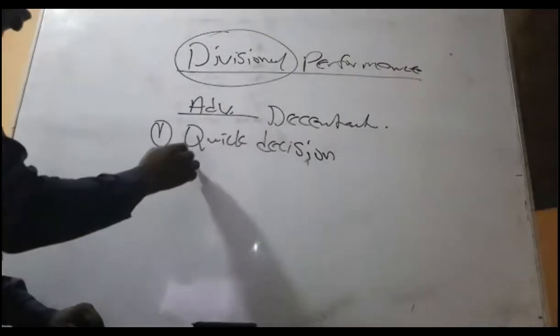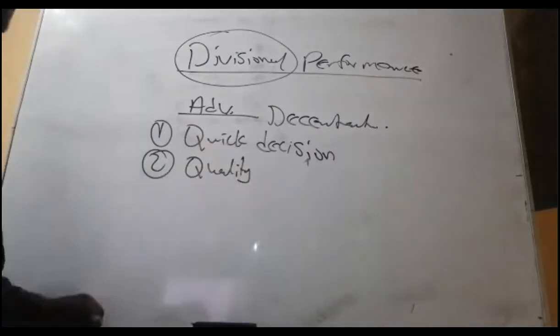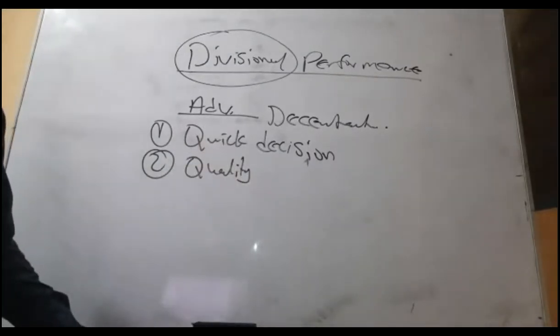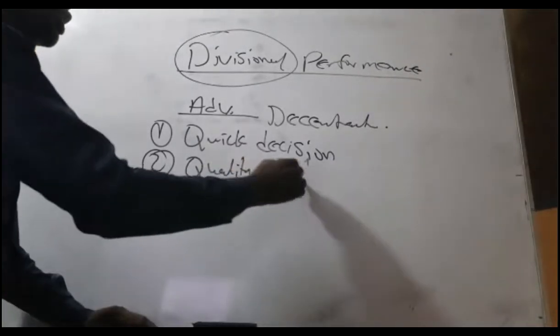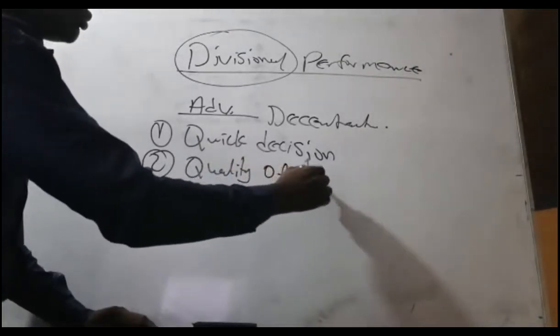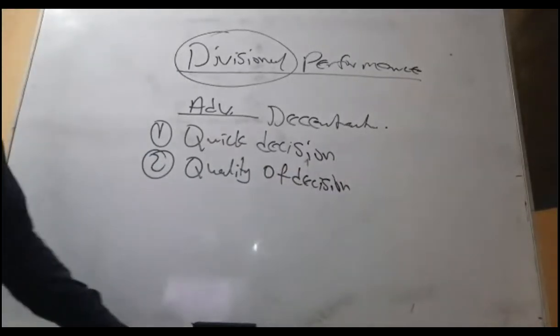So we talk about quality of the decision. It improves the quality of decisions, right? Because you have the right information, right?